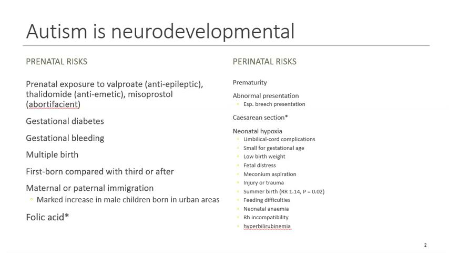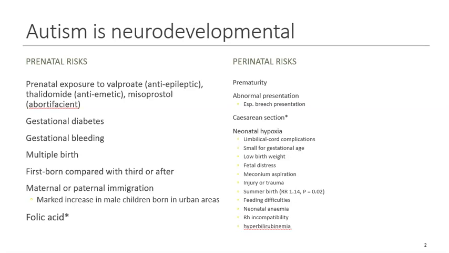Also, the firstborn compared to third or after is more likely to have autism, but of course siblings of a child with autism also have an increased risk. And then maternal or paternal immigration. So there's a marked increase in male children born in urban areas.